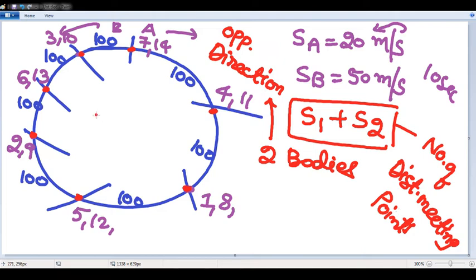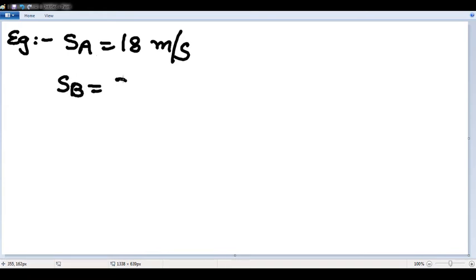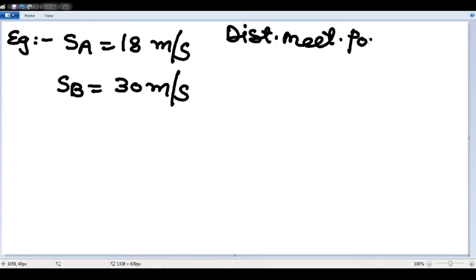Next, examples. Please write down. SA is 18 meters per second. SB is 30 meters per second. How many distinct meeting points will be there if both are traveling in the opposite direction?